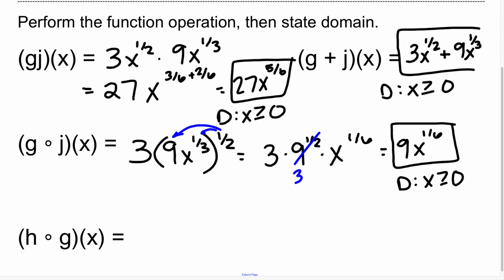And I'll repeat. Notice at the top it says perform the function operations and state domain for number 1, 3, 6, 9, 10, and 11. So if you want to star or circle those or make a little note to yourself, those are the only ones that I'm going to require you to think about the domain for.